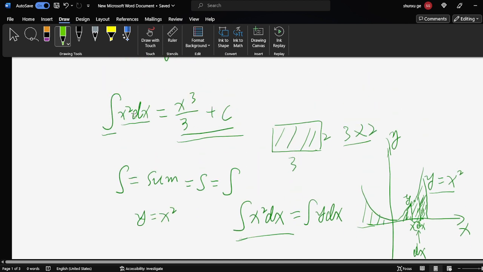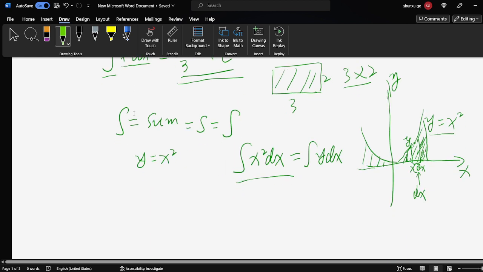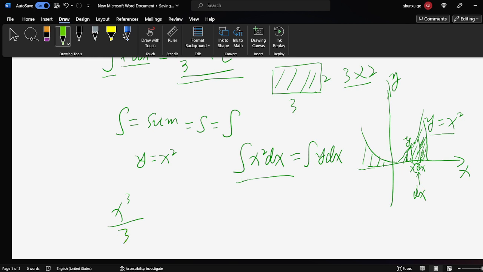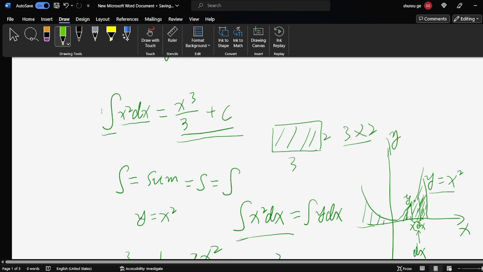I just tell you how to get this, because if we take a derivative of x cubed divided by 3, what does derivative mean? It is 3x squared divided by 3. So this 3 cancels, so it is equal to x squared. So this is the formula.